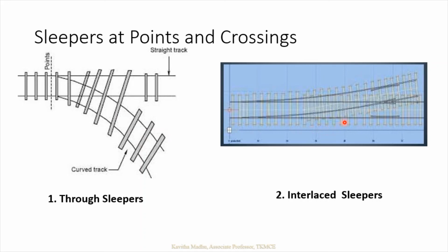Whereas in the case of a left hand turnout, if you are standing at the switch portion and looking towards the crossing, and it is deviating to the left, it is a left hand turnout. Depending upon what is being asked in the question, sometimes you will be asked to draw a right hand turnout or sometimes a left hand turnout, so you have to draw it accordingly. So you must know the difference between right hand and left hand turnout. Simply with this figure I have explained the difference.